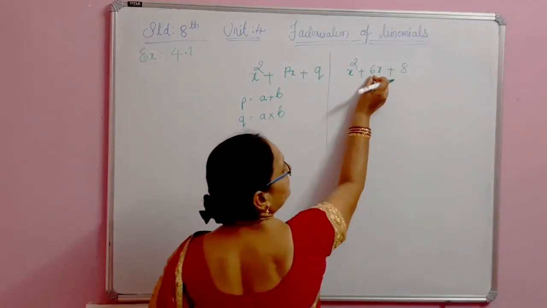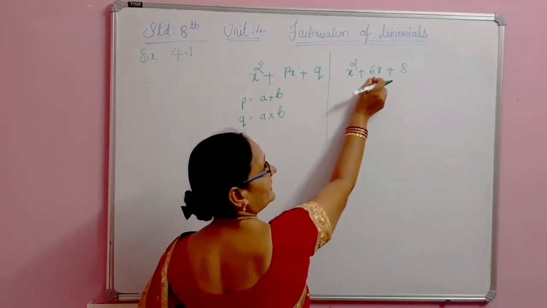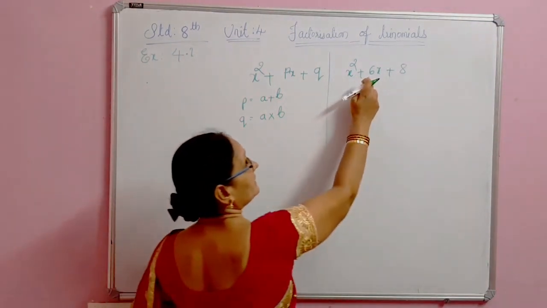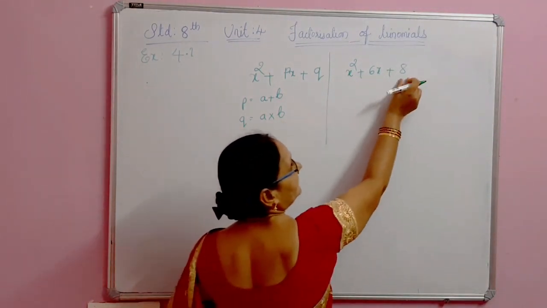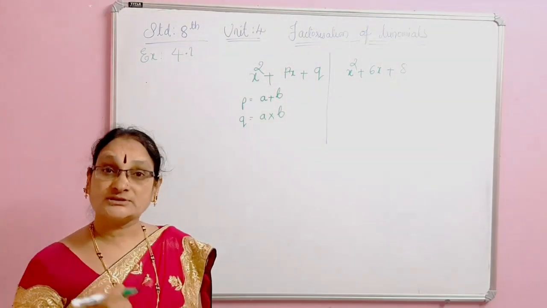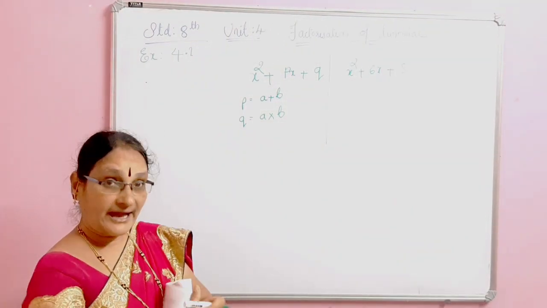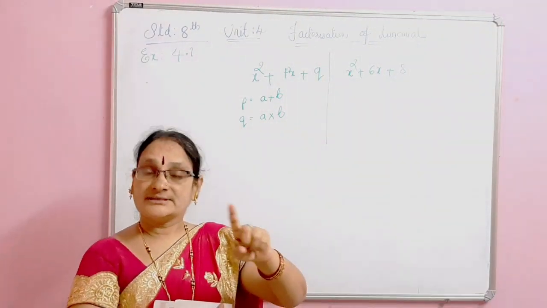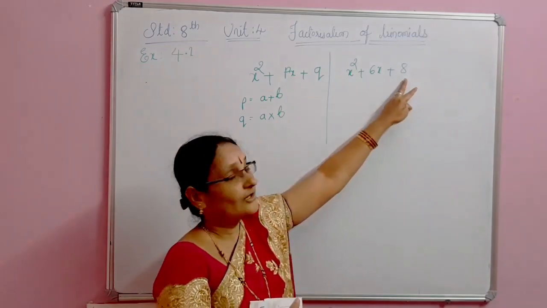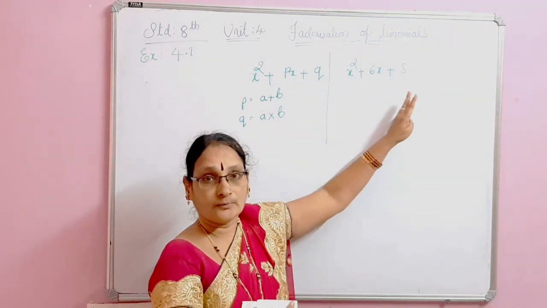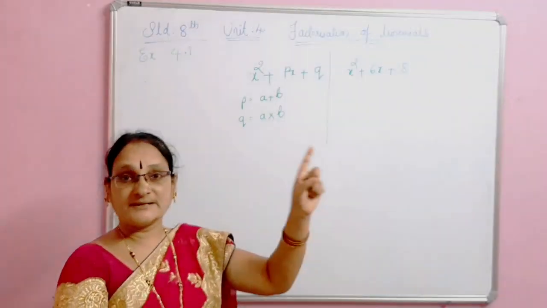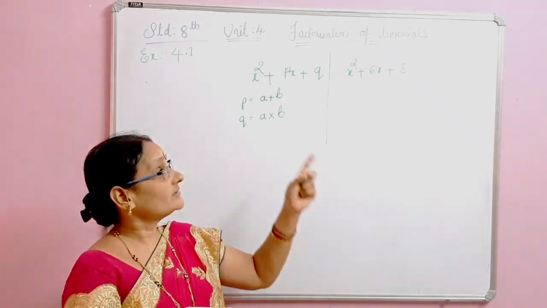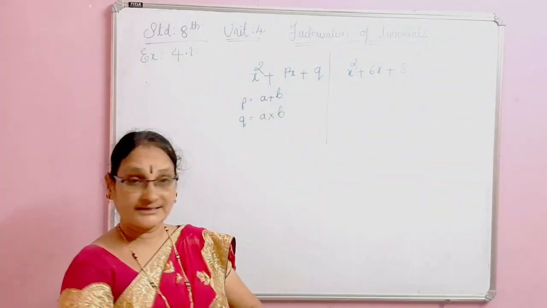When we add we have to get 6, and when we multiply we have to get 8. Which are those numbers? 3, 3: 6 we will get, but 3 threes are 9. No. 6 ones are 6, but 6 plus 1 is 7, it's wrong. Then what? 4 twos are 8. Yes, correct.